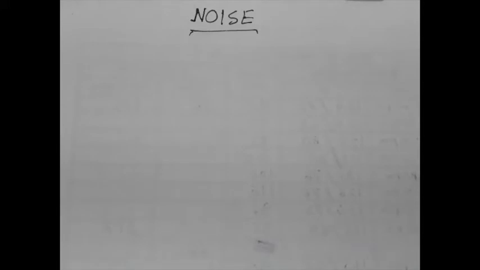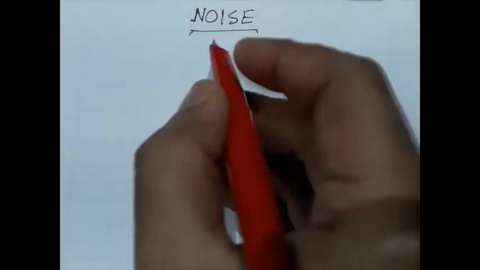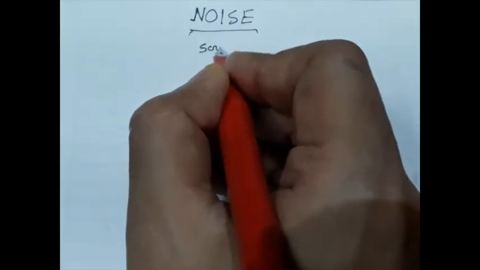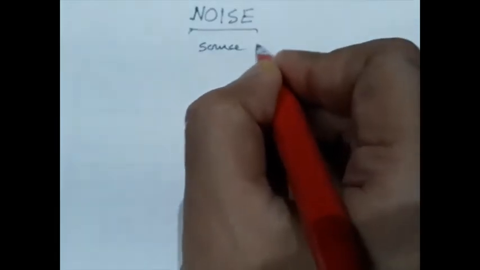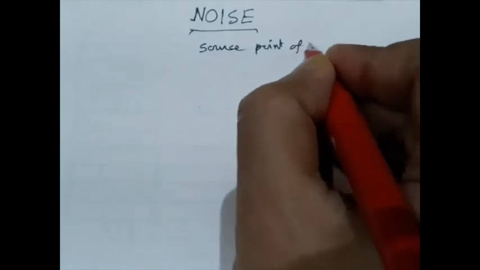Now, noise may be subdivided according to type, source, effect, or relation to receiver. So various classifications may be there. But here we will try to classify the noise in terms of source. So we will try to understand from the source point of view how we can classify this noise.